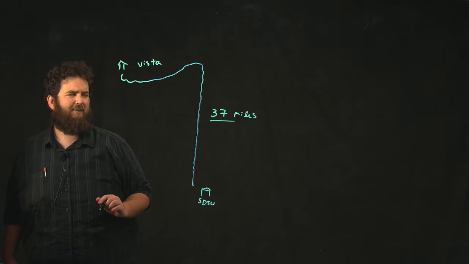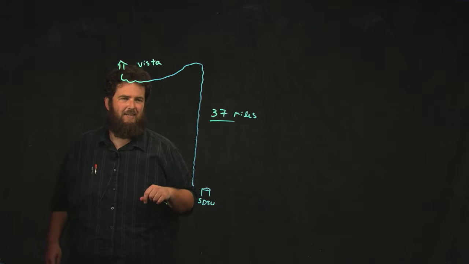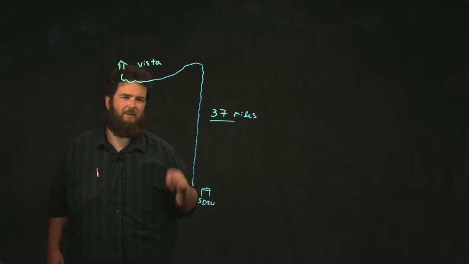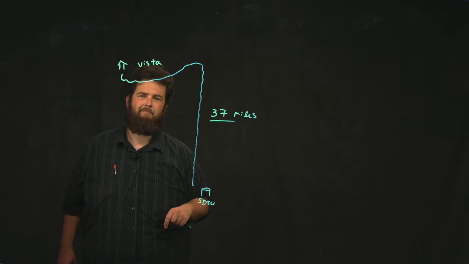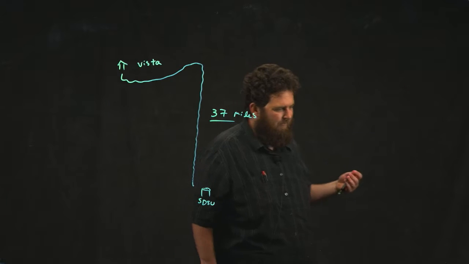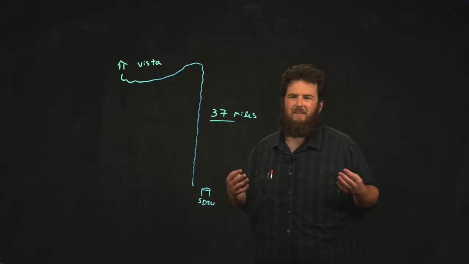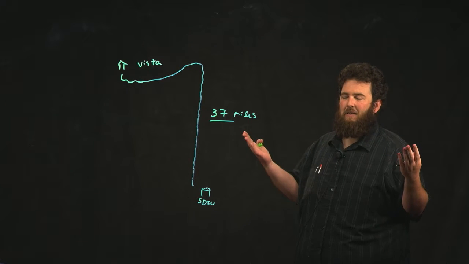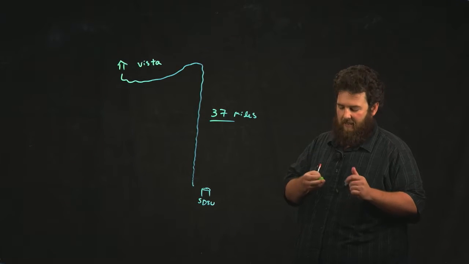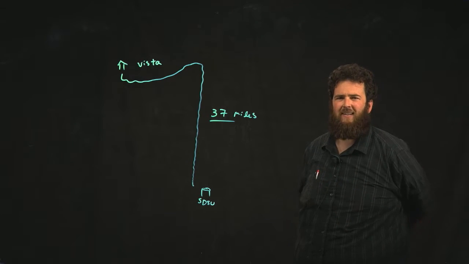I wouldn't say I traveled positive 37 miles there and then I came back negative 37 miles. No, it's just 37 miles both ways, that's it. So here's a nice way of thinking of absolute value as really just a distance. It's always going to be positive, right? So that's a nice way of being able to think about that.